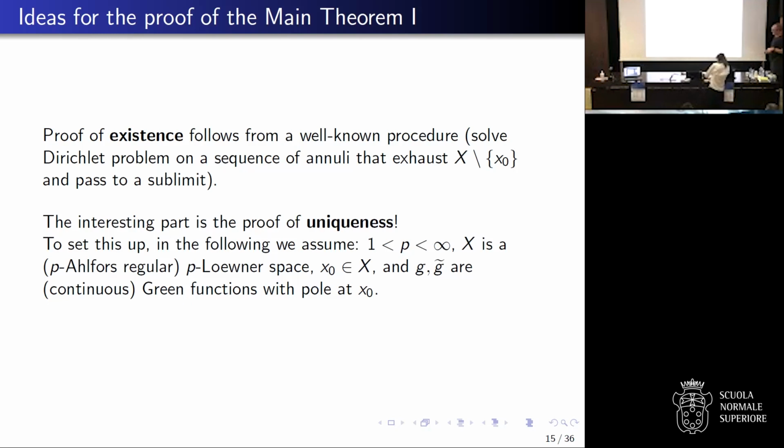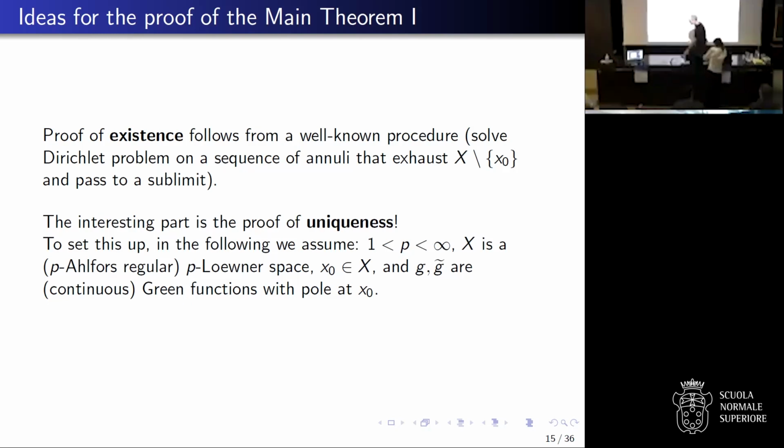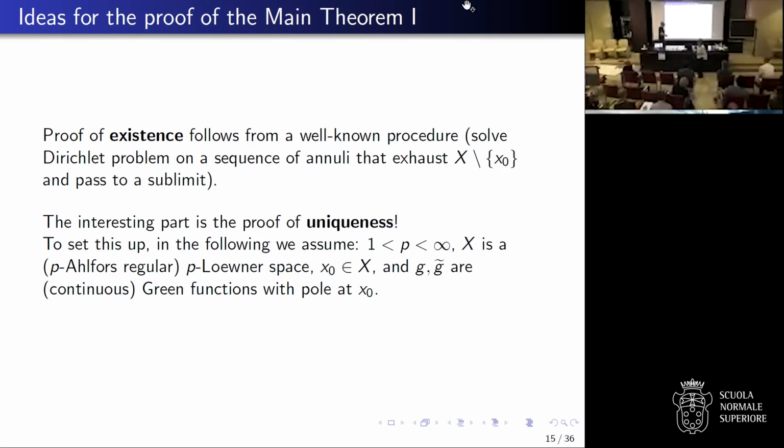If you play with the right boundary conditions and use suitable compactness properties of these harmonic functions, then you can show that a sublimit exists and gives you this unbounded Green function. There's a subtle point. If you want to implement this scheme, you have to choose the right boundary values at the boundary of these annuli. This is a bit tricky.